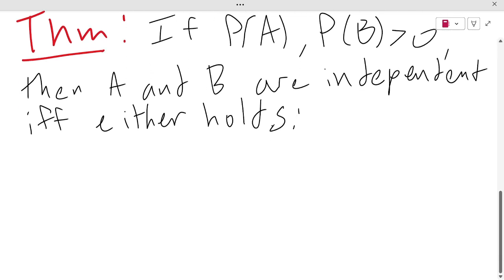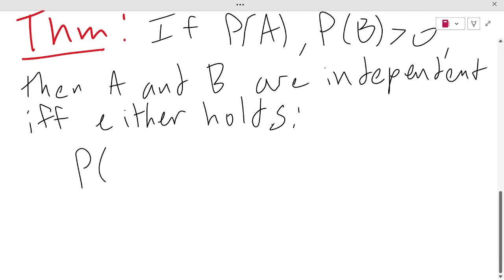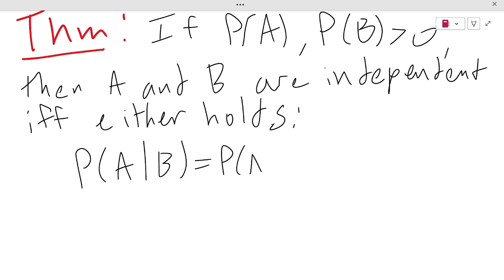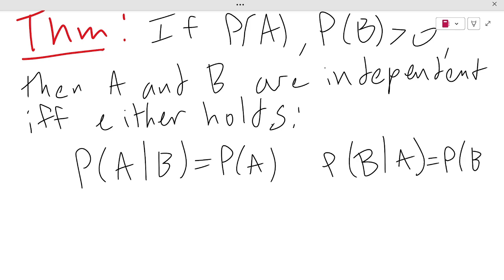And so we need either that the probability of A given B is equal to the probability of A, or the probability of B given A is equal to the probability of B.